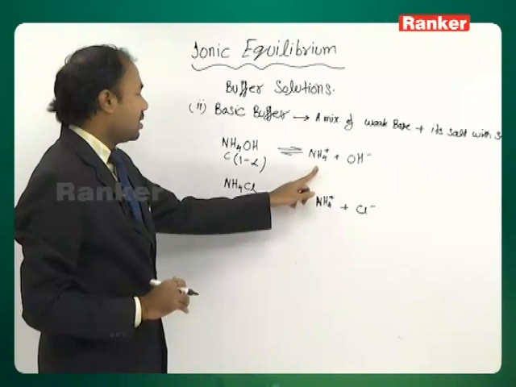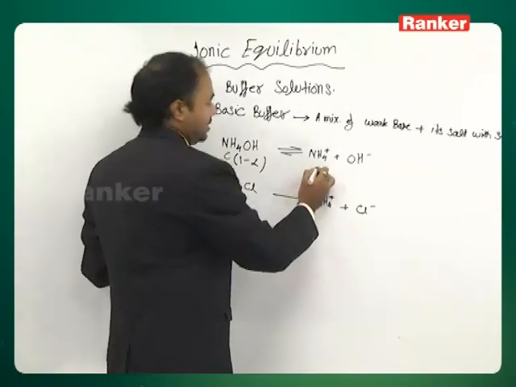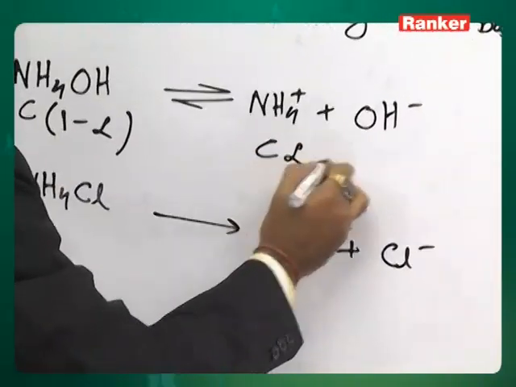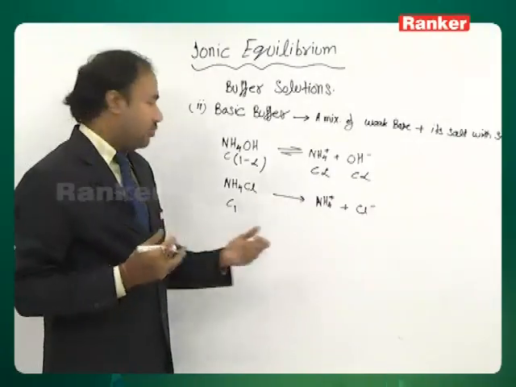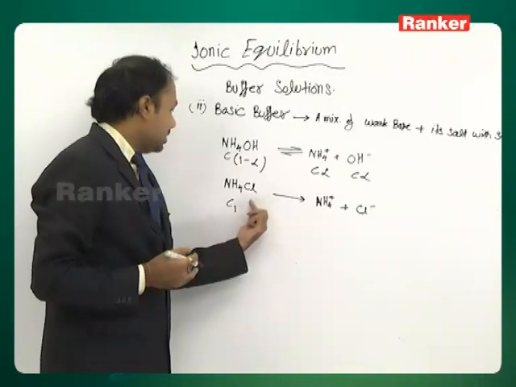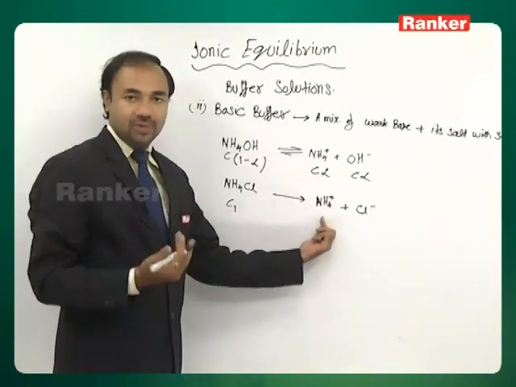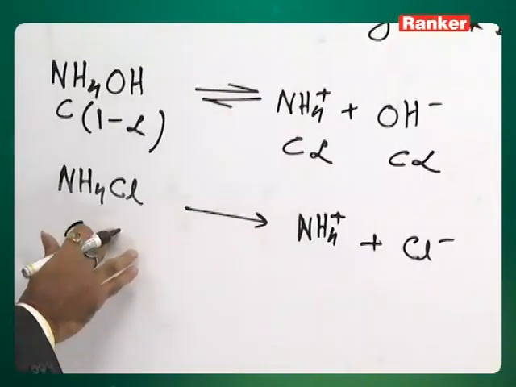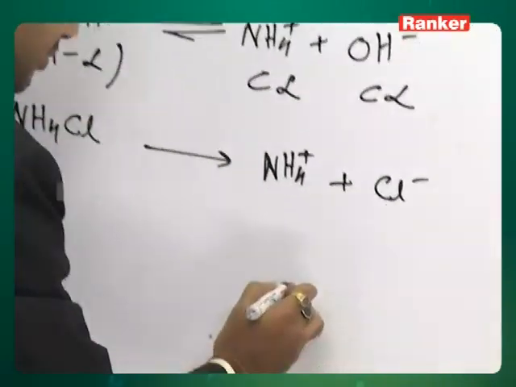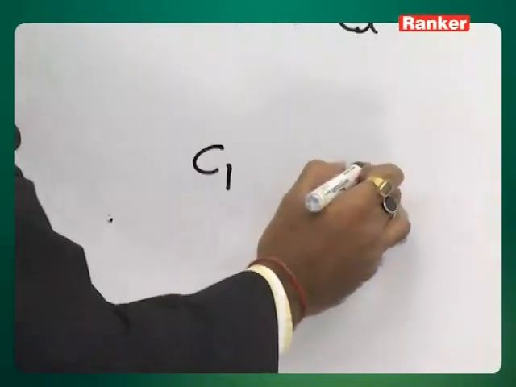So the concentration of ammonium ions at equilibrium will be C alpha, as well as hydroxide ions will be C alpha. Now, NH4Cl is dissociating 100%, or so we assume, so the concentration of ammonium ion coming from dissociation of ammonium chloride will be C1, as well as chloride ion will be C1.